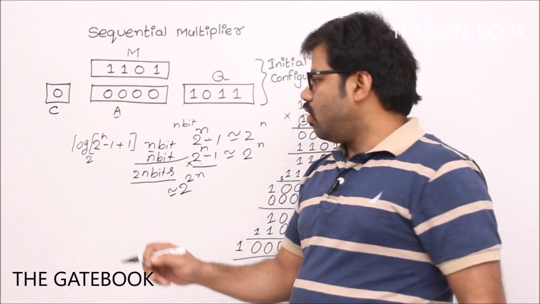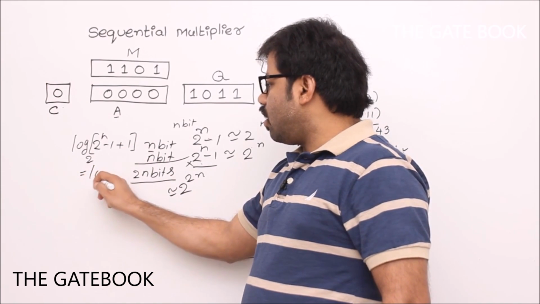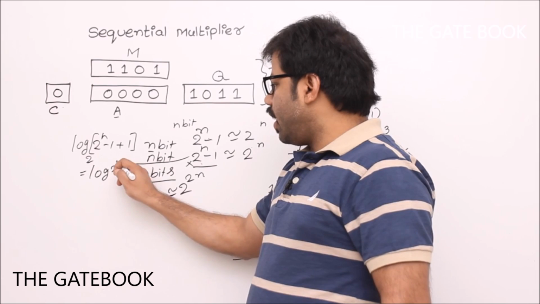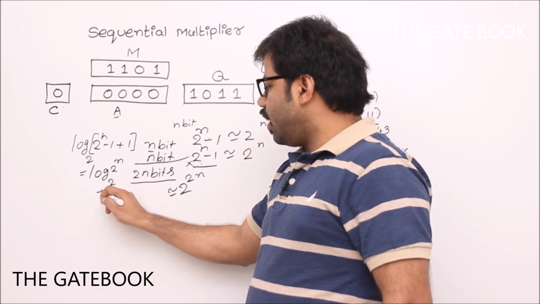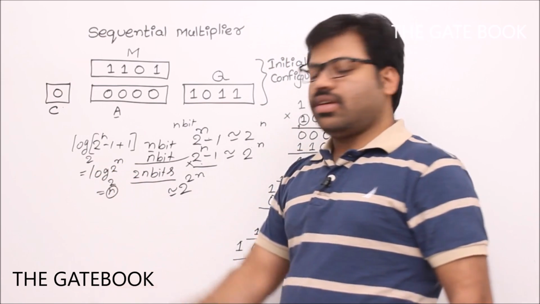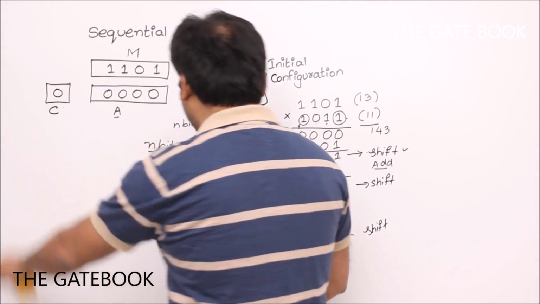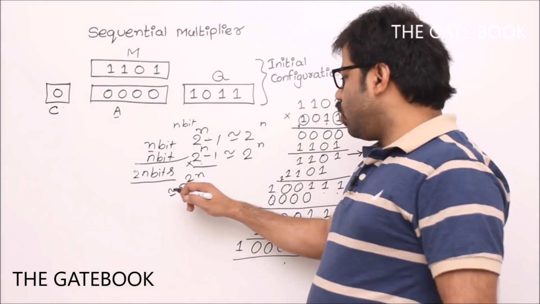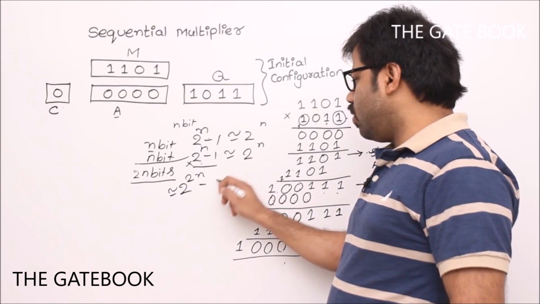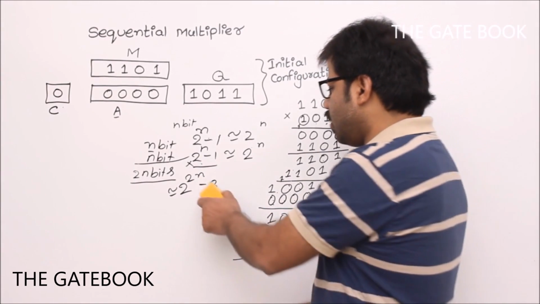So here it would be log of 2 to the power of n base 2, which is n, right? That's why n bits are required to store 2 to the power of n minus 1. So similarly here also we have a number approximately 2 to the power of 2n minus something, let's say.